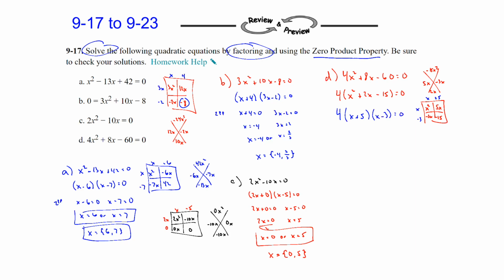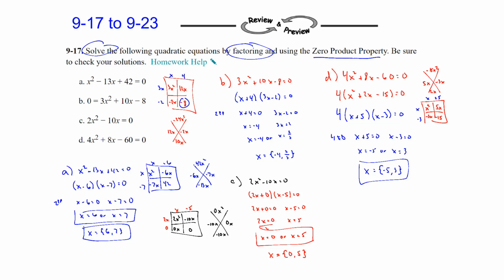Now we have 3 factors. 4 cannot equal 0, so that's not going to help us get any solutions, but x plus 5 could equal 0, or x minus 3 could equal 0. So we could have x equals negative 5, or x equals 3, or once again we could write it this way: the solutions of x are negative 5 and 3. So either one of those, once again, will work.